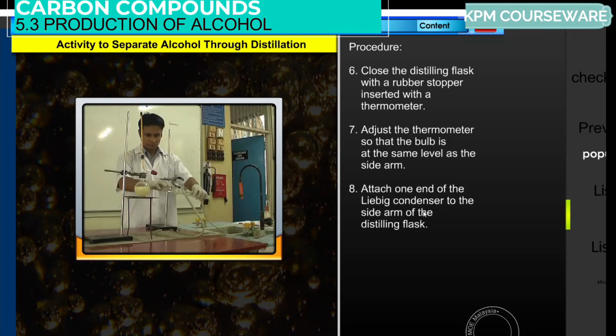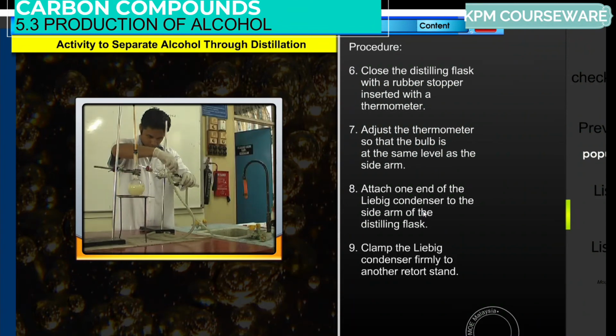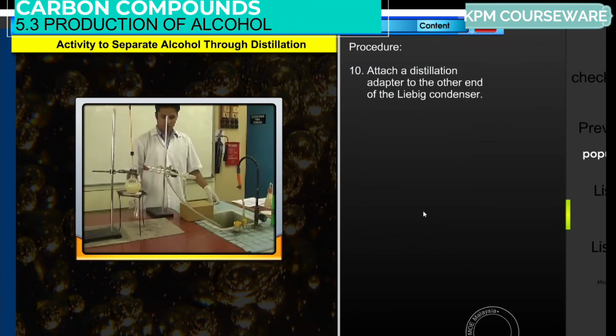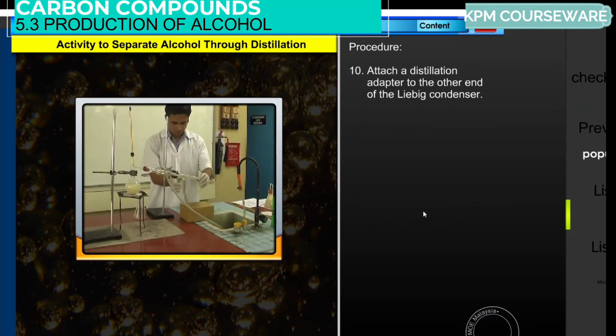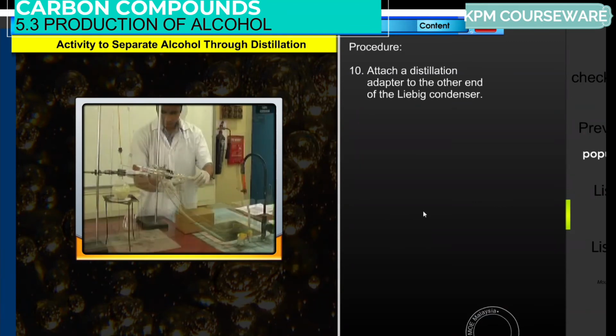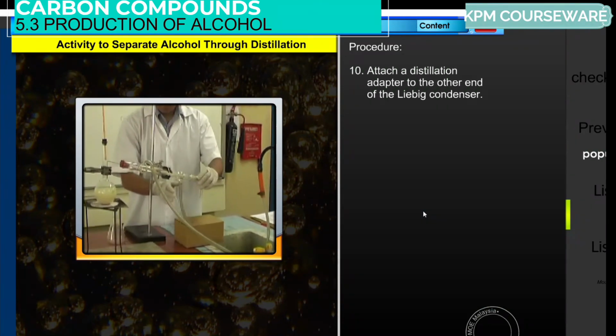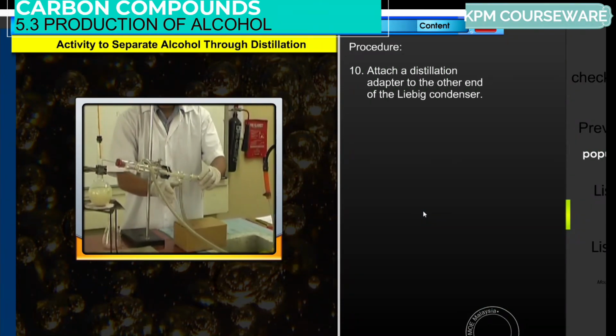Attach one end of the Liebig condenser to the side arm of the distilling flask. Clamp the Liebig condenser firmly to another retort stand. Attach a distillation adapter to the other end of the Liebig condenser. Make sure the opening faces downwards.